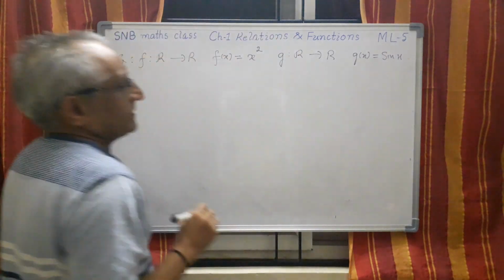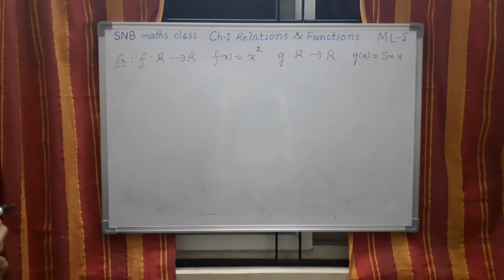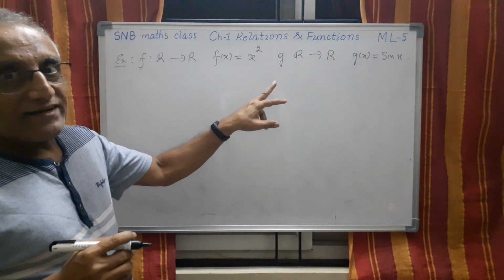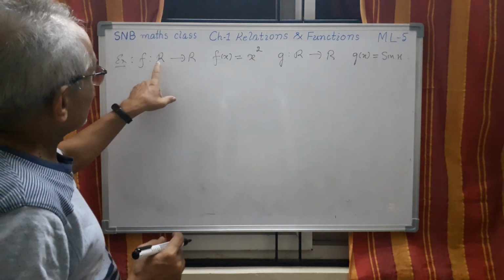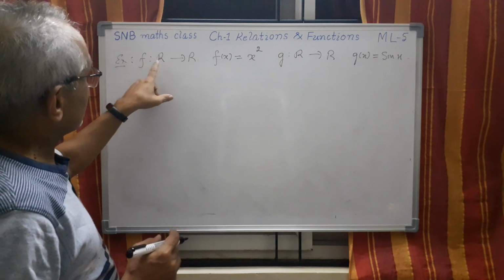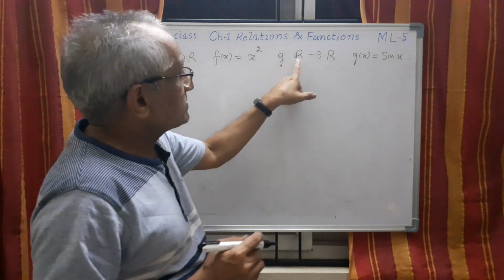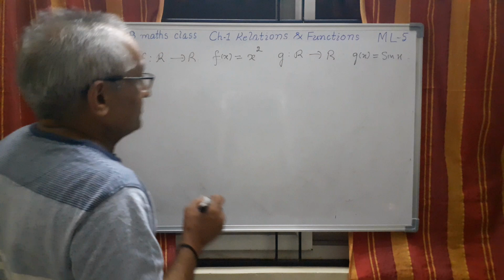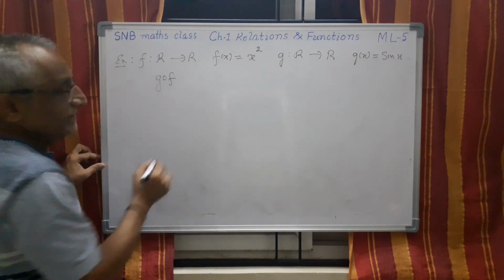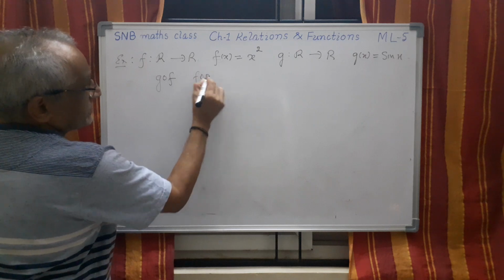Anything you can take, sin x. Here one speciality you have to remember, observe. You can define both f of g and g of f because domain and codomain are the same. Therefore, f is going from R to R only. This is also going from R to R only. Therefore, definitely I can find g of f, I can find f of g also.